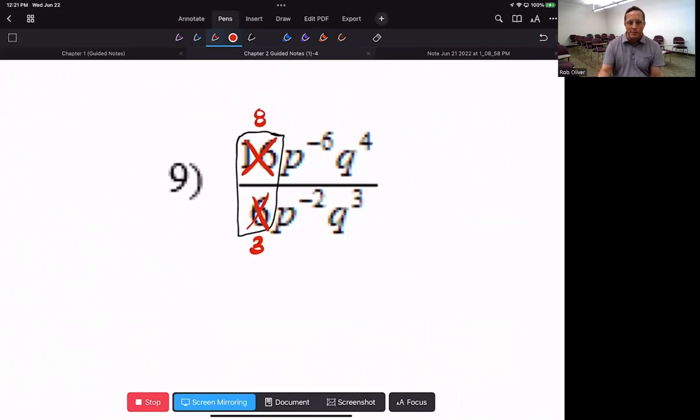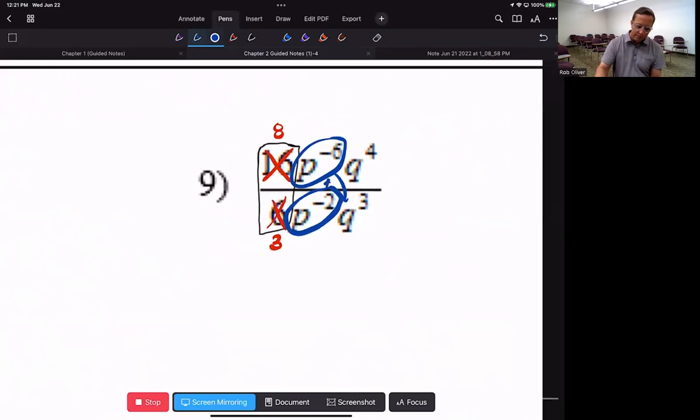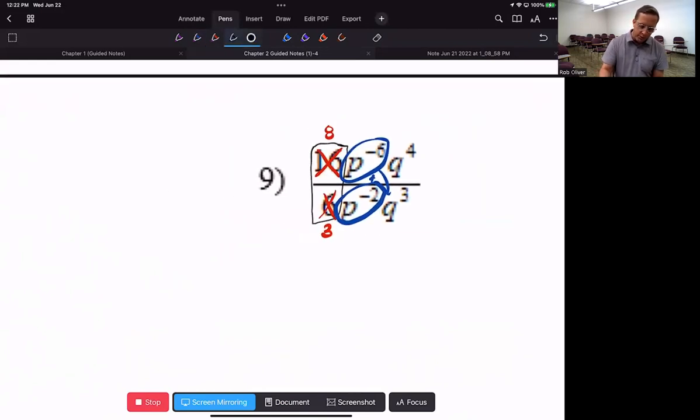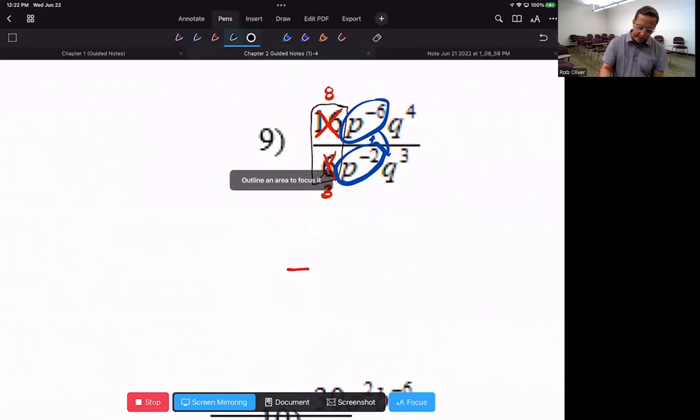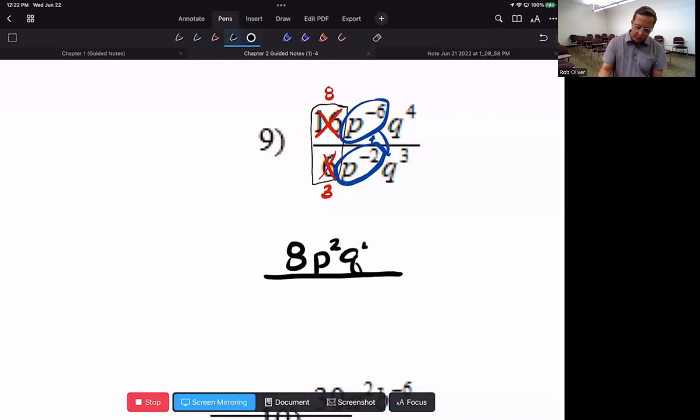And then the next thing you might want to do is clean up those negative exponents. Let's make them positive. So let's just flop those positions for those terms. I'm going to go ahead and do a rewrite here. We've got 8, and then the P came upstairs, and now it's Q to the 4th.